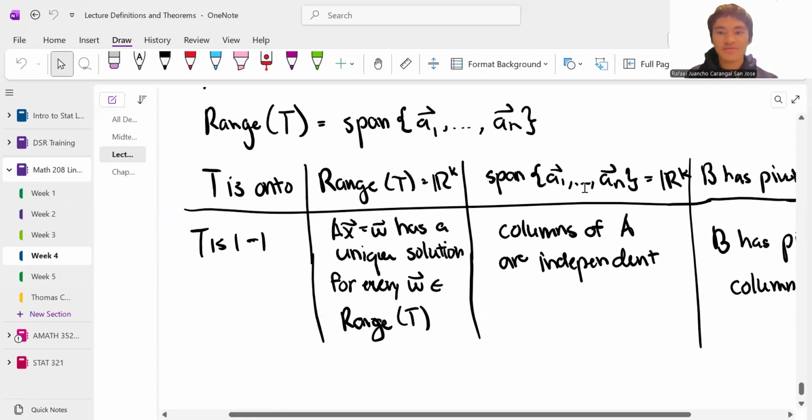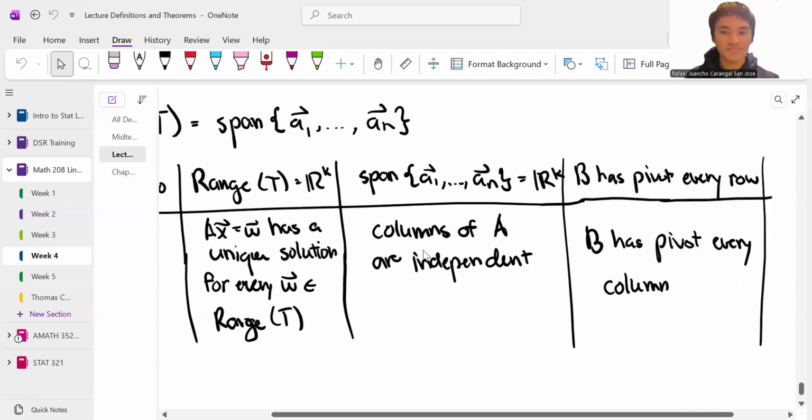And if the span of the columns of that matrix is equal to Rk, and the range of that T is in Rk, so range just meaning the images of the vectors, say u, the images of those vectors under T, the range of that is Rk.